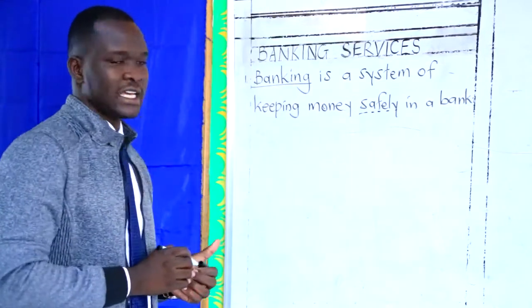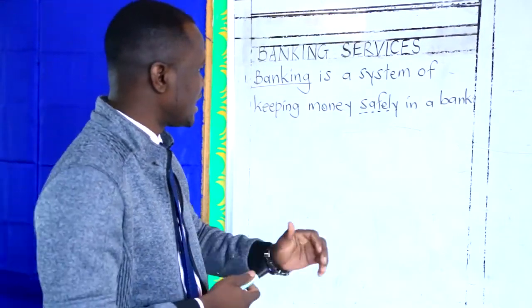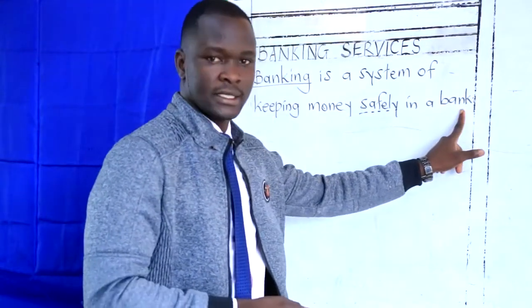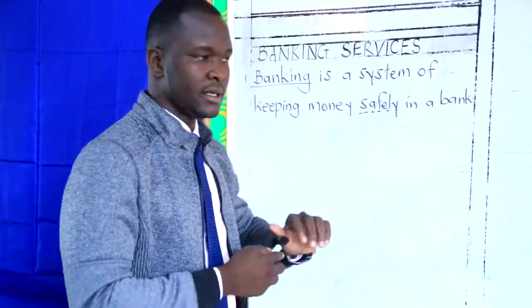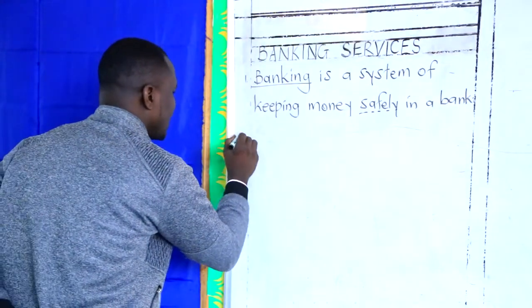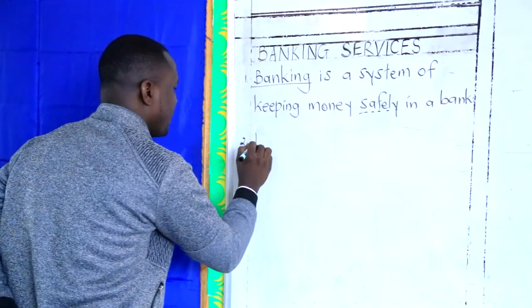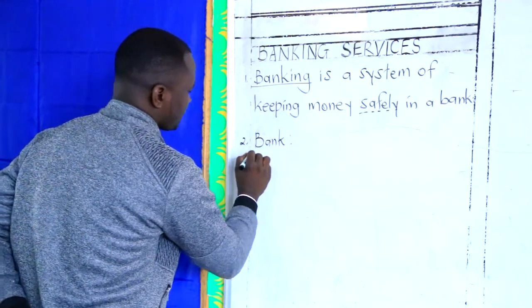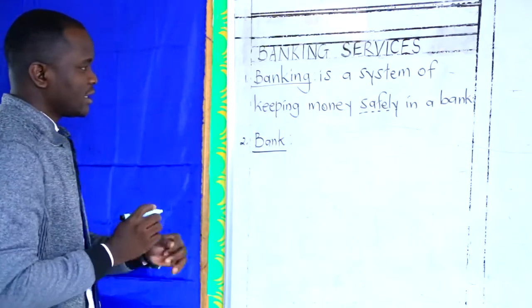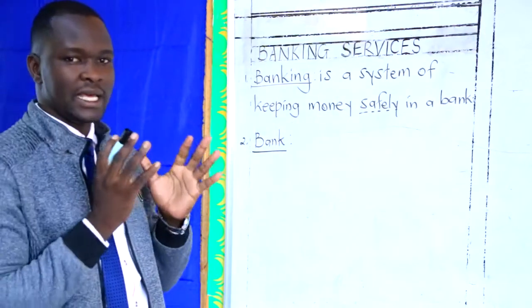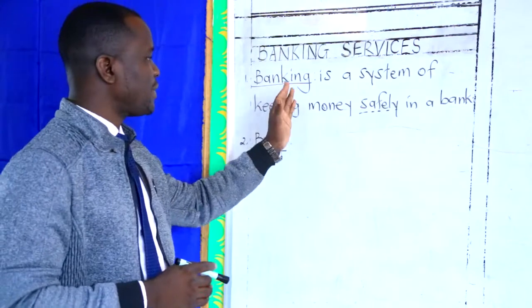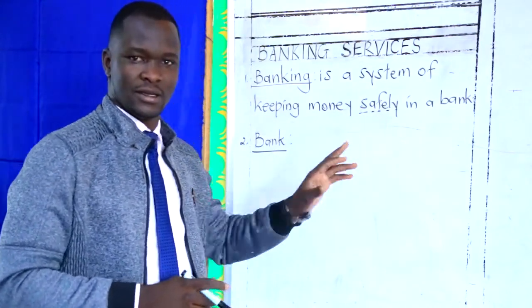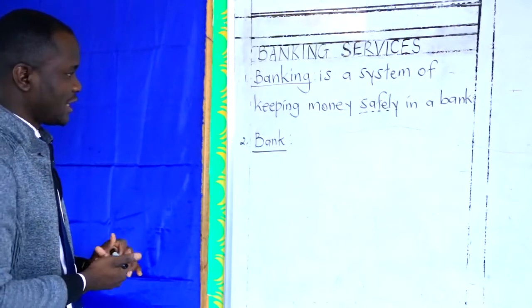Therefore, we have got another term that we are going to understand, and that is bank. What is a bank? So a bank simply means a place where we keep our money safely. That is how simple we can define a bank.